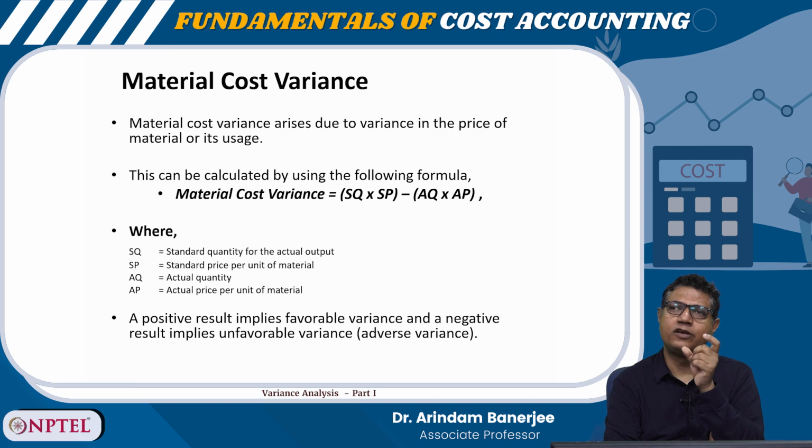If my actual cost is lower than the standard cost, I will say material cost variance is favorable. Otherwise, if my actual cost is more than the standard cost, I will say my material cost variance is unfavorable, right. So, a positive result implies favorable variance and a negative result implies unfavorable variance or adverse variance, okay.